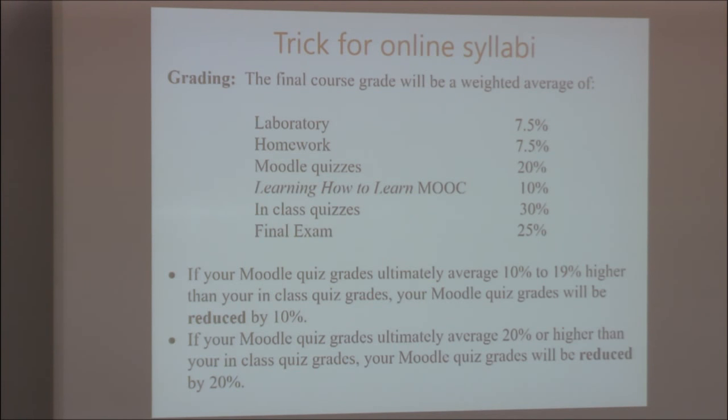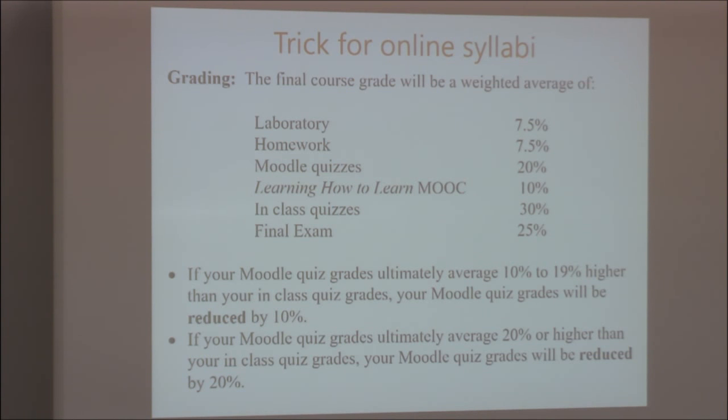So often what I'll do is, whatever your in-person quiz score is, if it is lower than your Moodle quiz score, the Moodle quiz score is replaced by your in-class quiz. So it's slightly different than what I've got here. I used to do it this way, where I would reduce it somewhat. Now I just replace one by the other.